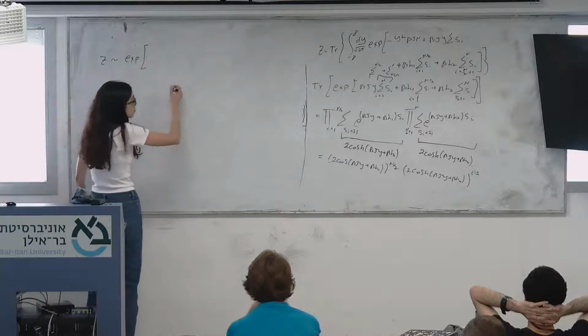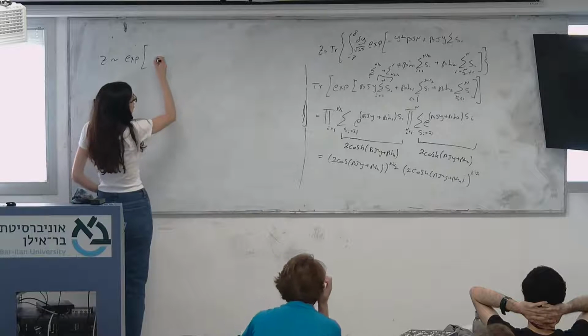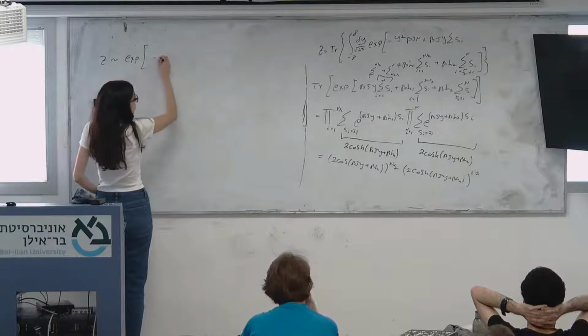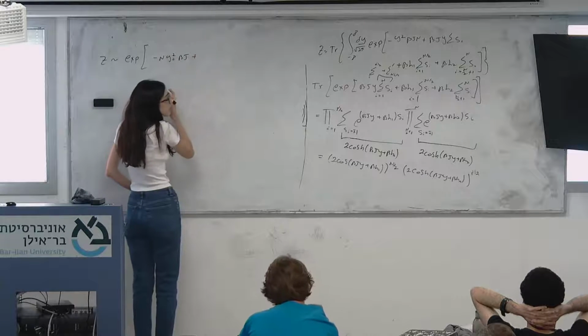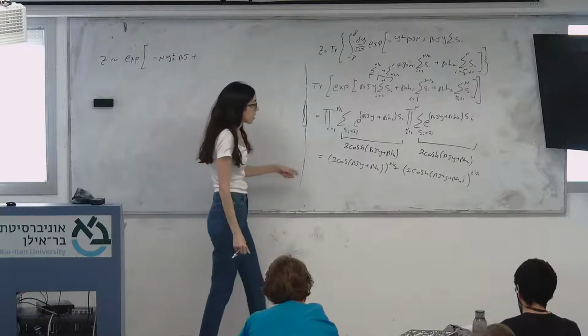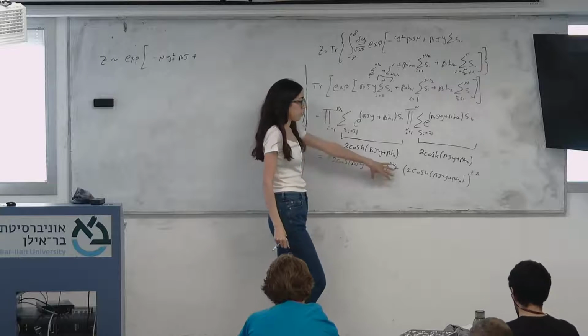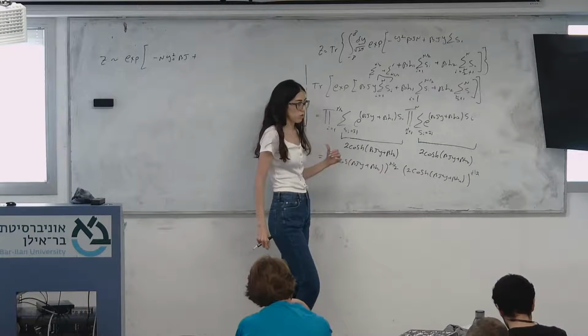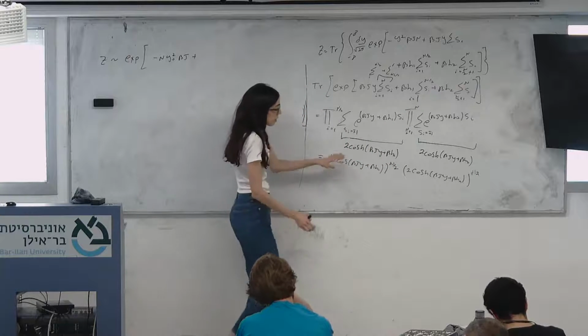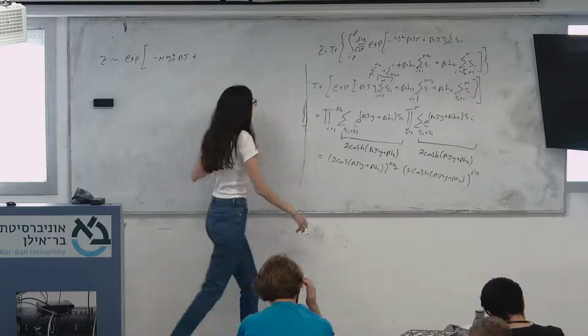exponent of minus n y0 squared βJ plus, now I'm going to have the log of that. So instead of taking out n, I'm going to take out n over 2, because it's like writing all of that to the power n over 2.